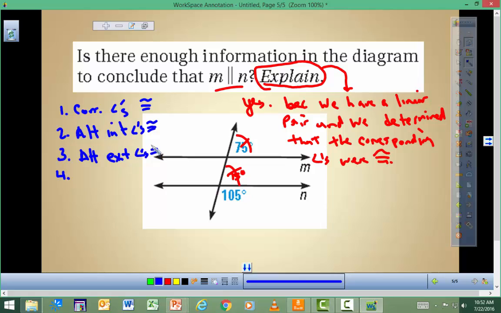Or we could have shown that the consecutive angles were supplementary, basically equal to 180 degrees, which is kind of what you could do here. You could have done all 4 of these if you were clever, but we chose the corresponding angles one.